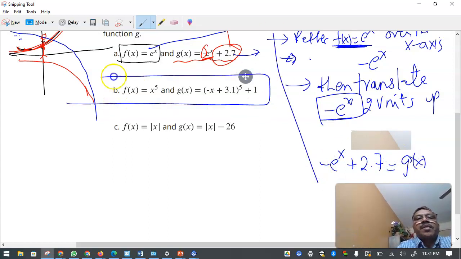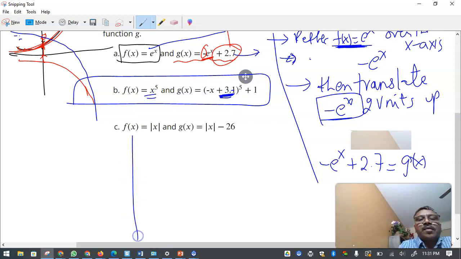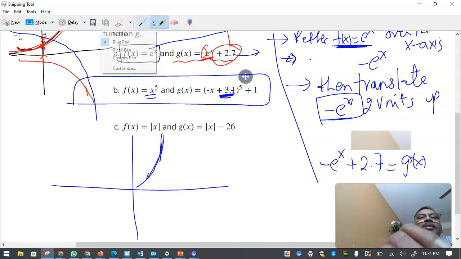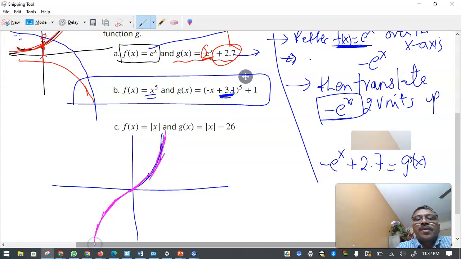So remember this. For the second part, I want you to focus first on left and right. This is the main number, x raised to 5. Maybe x raised to 5 is a graph something like this. If you check with the Desmos calculator, this is an odd function, x raised to 5, like this.